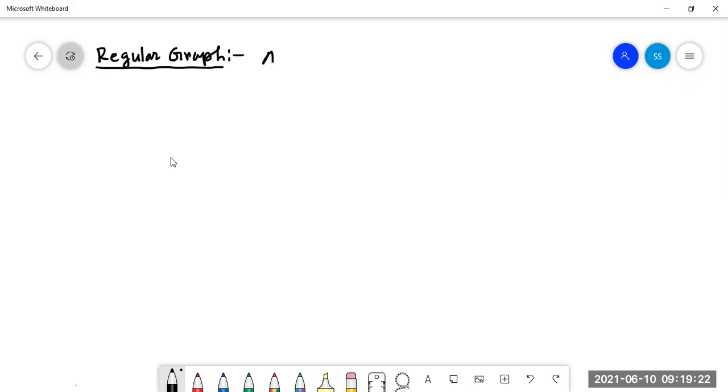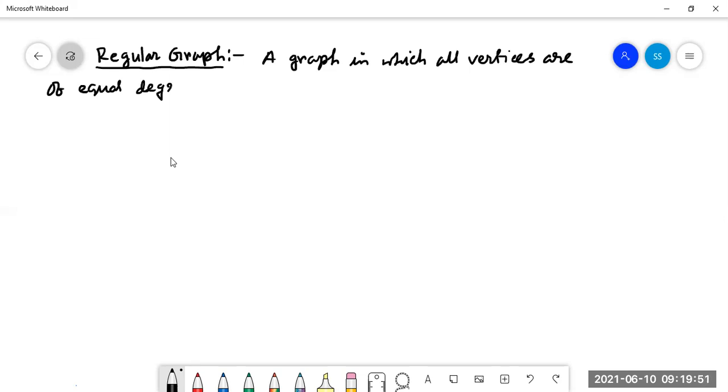A graph in which all vertices are of equal degree is called a regular graph.